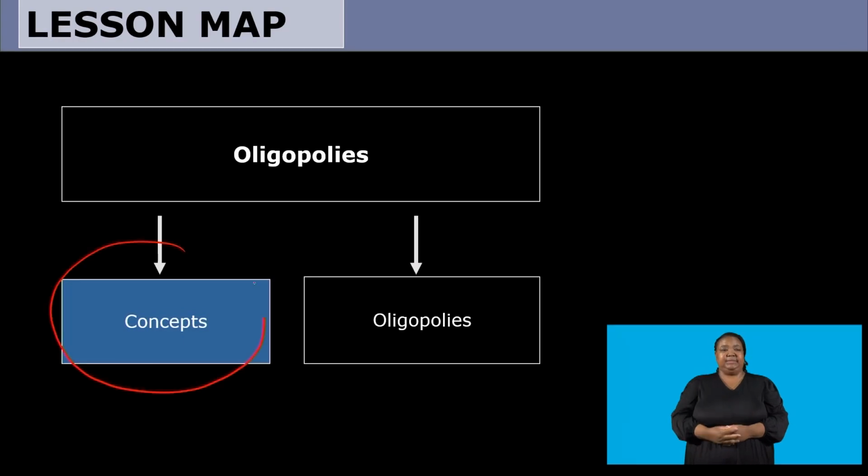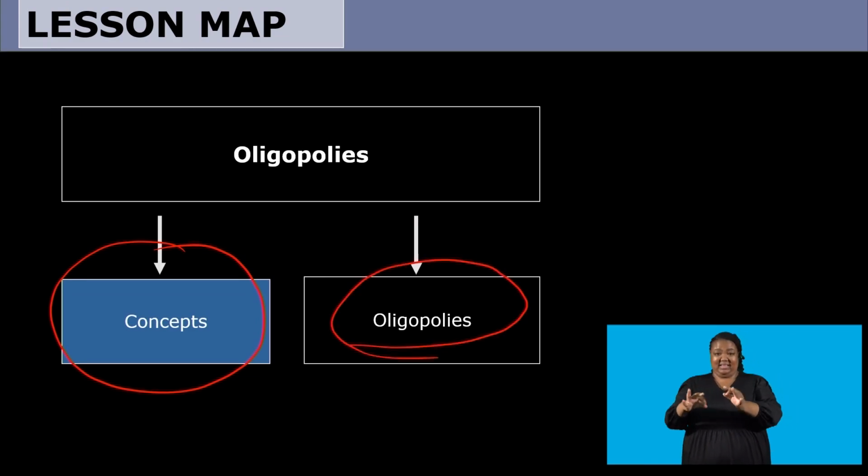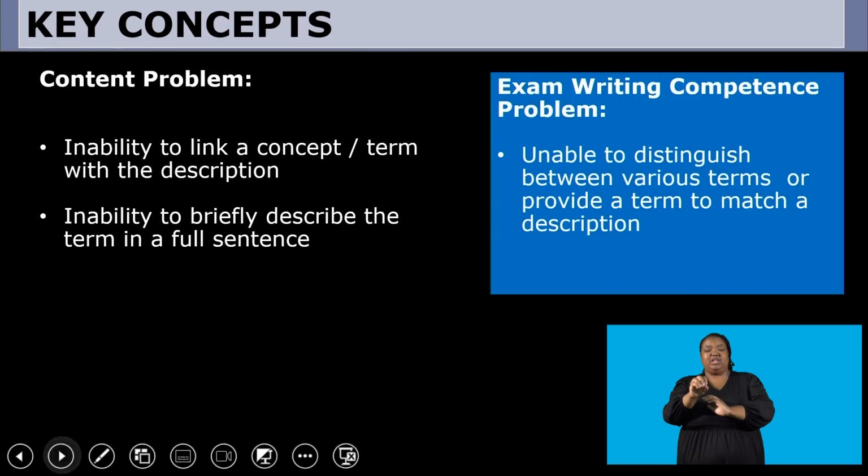Welcome back. Moving on with our topic on oligopolies. We're going to briefly look at the concepts for now, then we'll move on to the analysis of the market structure itself called oligopoly.